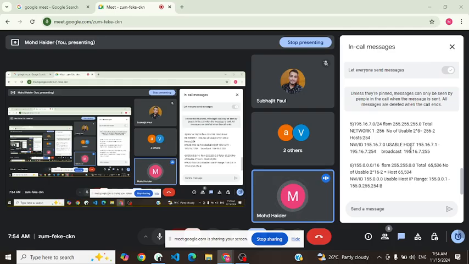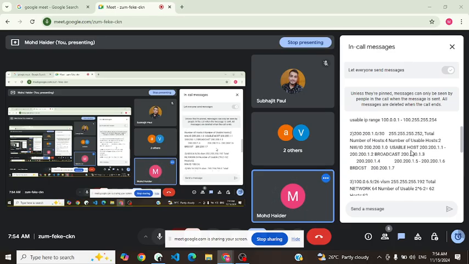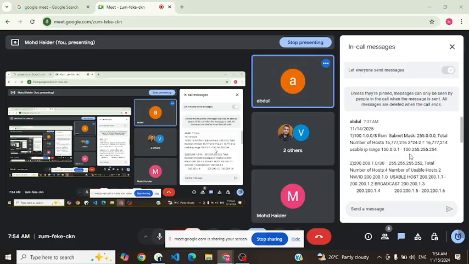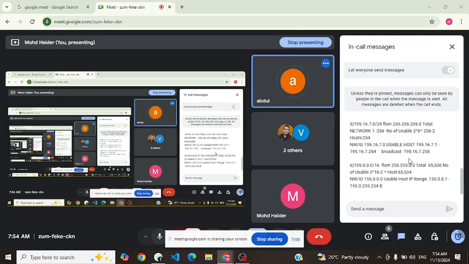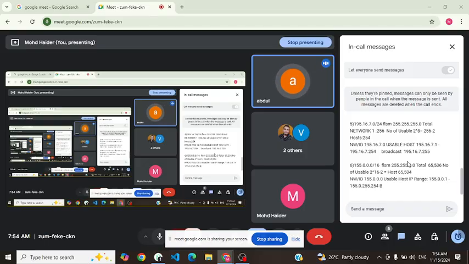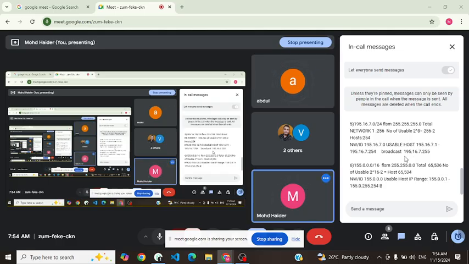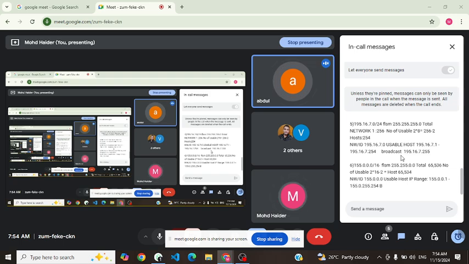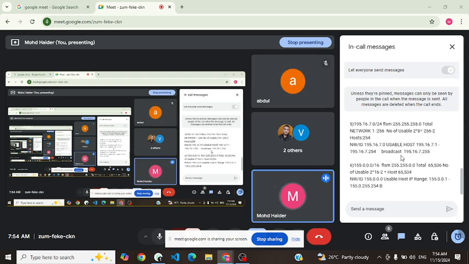Abdul, you have not calculated the block size in any question. The block size is the number of hosts I'm using in each question. If you see the network, this is the block size only as per the calculation. Okay, let me check. You can solve the third and fourth one.